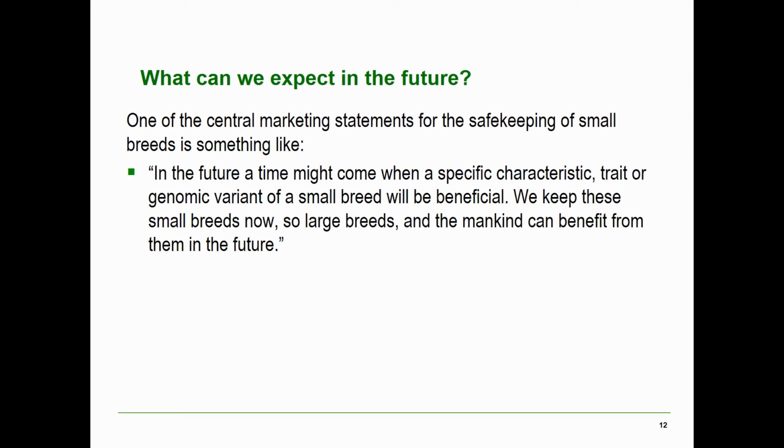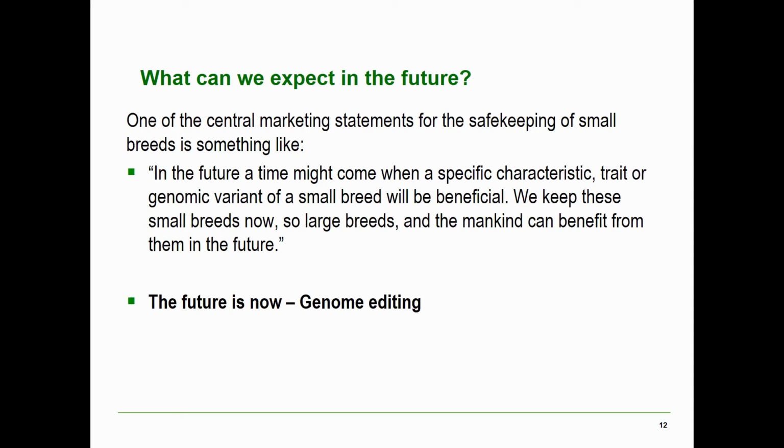This message is along these lines: it is worthwhile to keep these small breeds because in the future, a time might come when the specific characteristic trait or genomic variant of this small breed might be beneficial. We should keep these small breeds now, so large breeds or ultimately mankind can benefit from them in the future. Now, I don't want to sound too cheesy, but I believe the future is now.